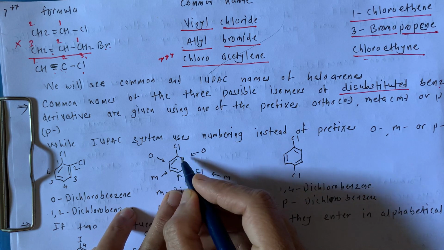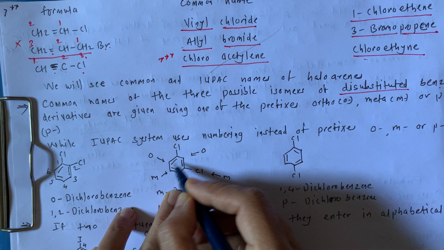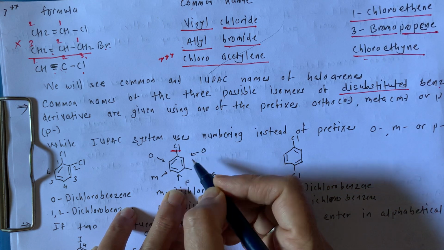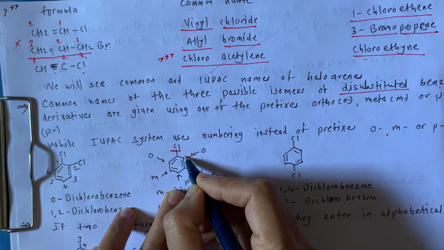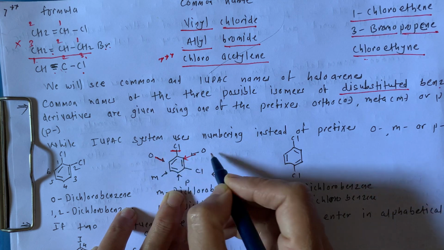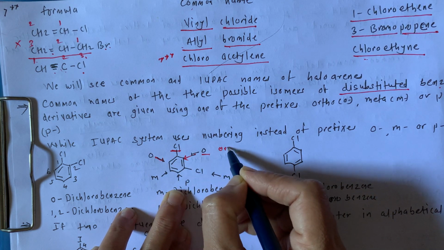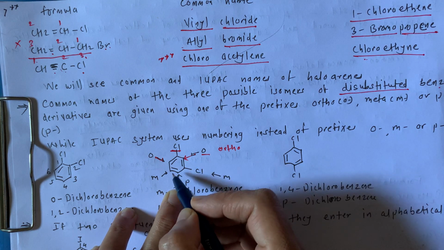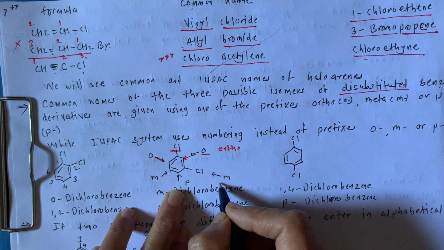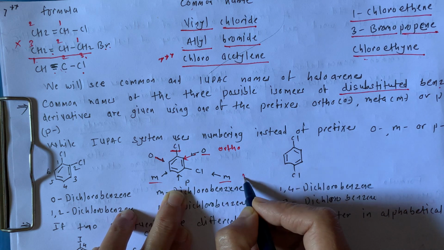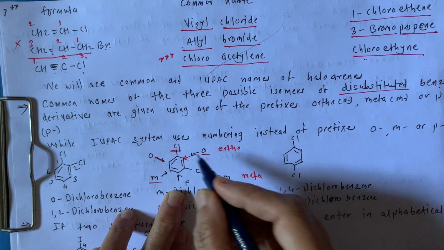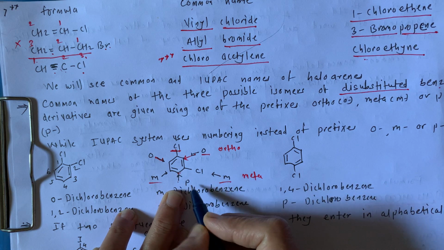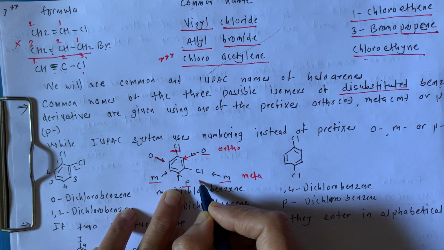Take this example. This is chlorobenzene. Chlorine is attached here. With respect to this chlorine, these two positions are known as ortho. Next, these two positions are known as meta. And exactly opposite this carbon, this position is known as para.